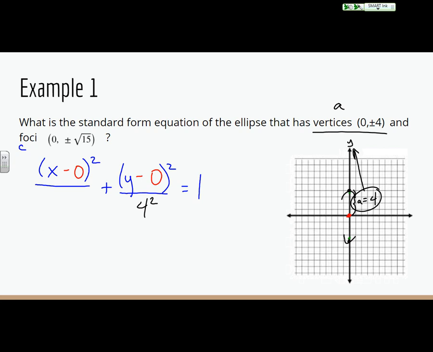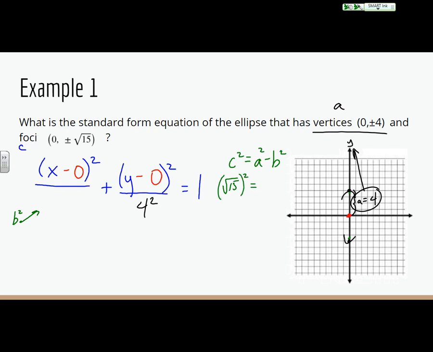And I have that handy equation that's going to help me figure out the last variable that I need, because I've almost got my formula. All I need is my b squared right here. So I have c squared equals a squared minus b squared. Well, if c is equal to the square root of 15, then c squared would have to just be 15.